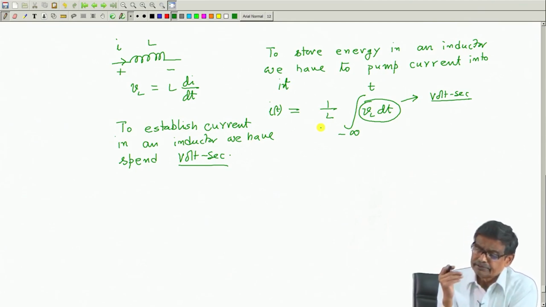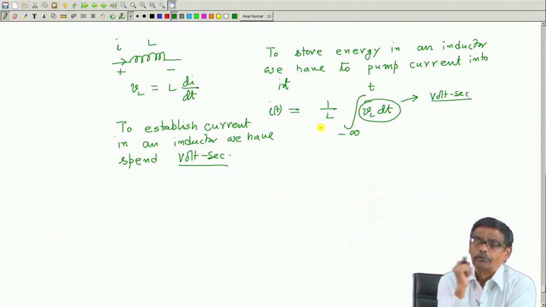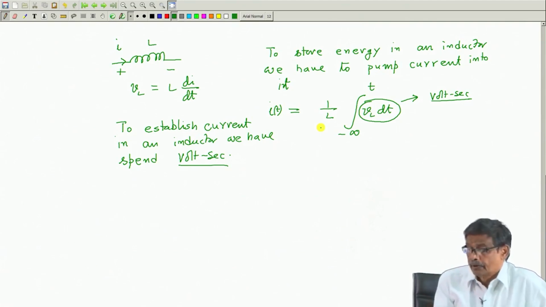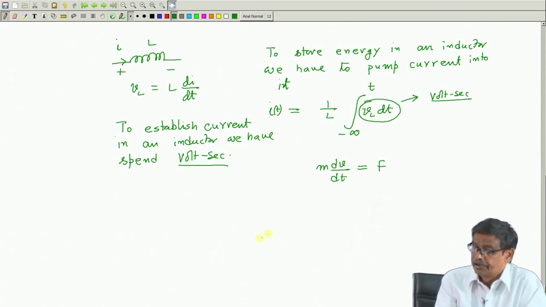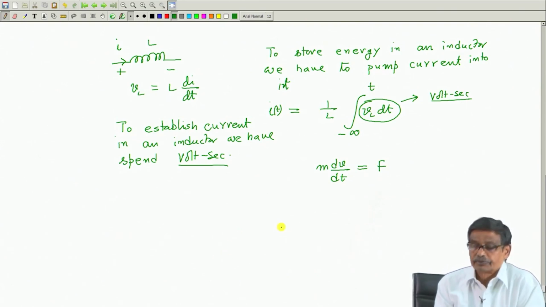And it has a striking similarity with Newton's laws of motion. For example, m dv/dt for a mass is the applied force.